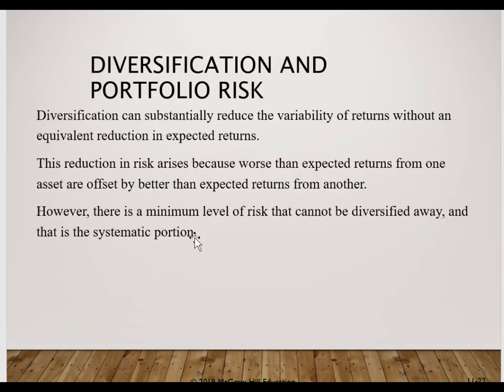Diversification, as we've talked about a little bit earlier, although we didn't truly identify it, is when we can reduce the variability, right? Reduce the risk of returns without reducing expected returns themselves. This typically happens because of low correlations, right? Essentially what's happening is there are stocks that have these unexpected events, and these unexpected events are not related to each other, so they offset each other.